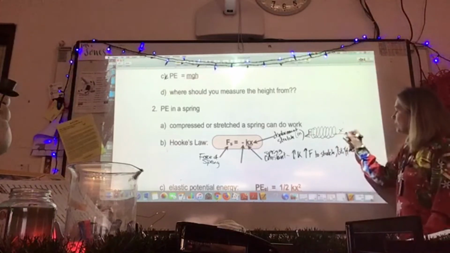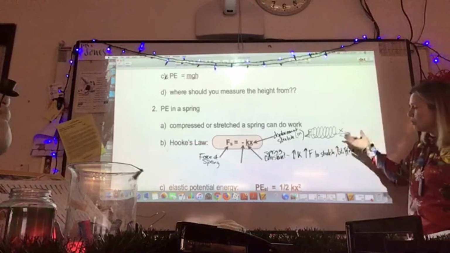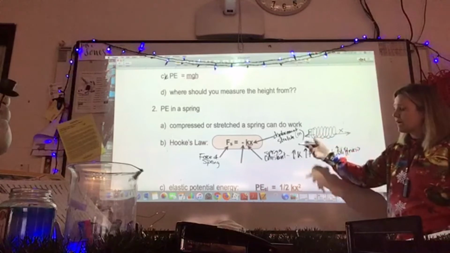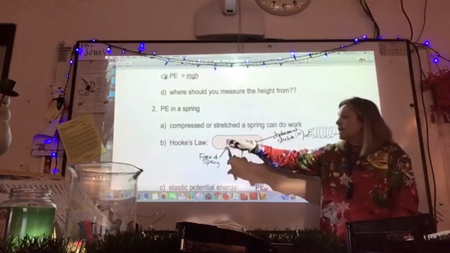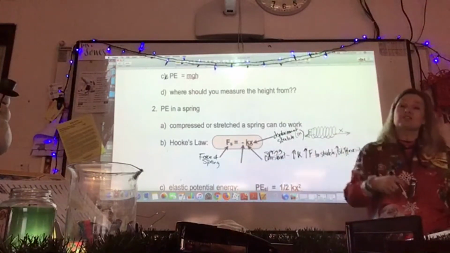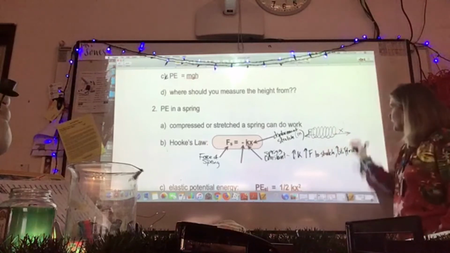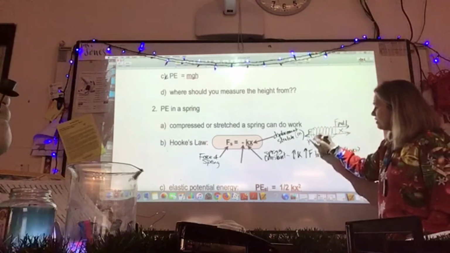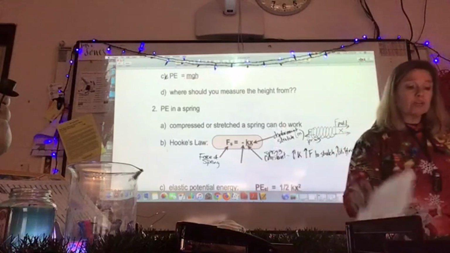So the problem is, you're going to be pulling on this and measuring how much you're pulling, and it's in the opposite direction that the spring is pulling back. Sometimes you'll see this formula with a negative, sometimes not, depending on is this the force of the spring, or is this the force of the person pulling on the spring? Because they're in opposite directions. So I can say F of pull, and this is F of spring. Okay. So that's what we're going to be measuring.